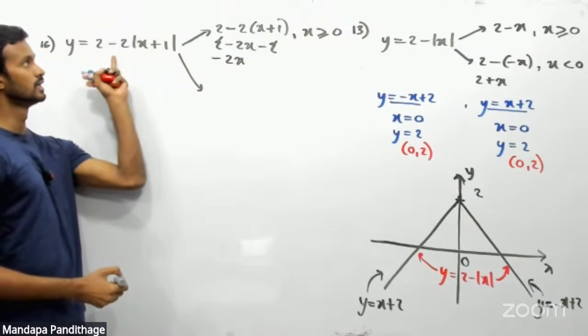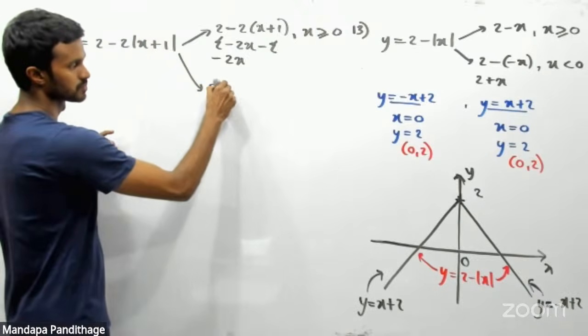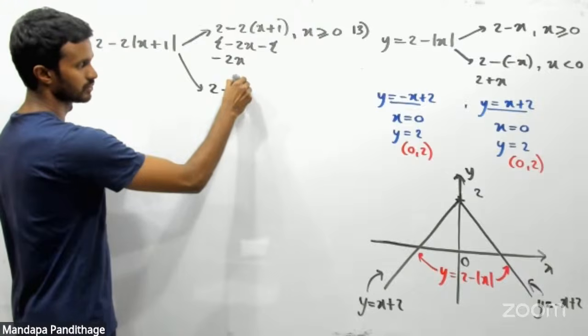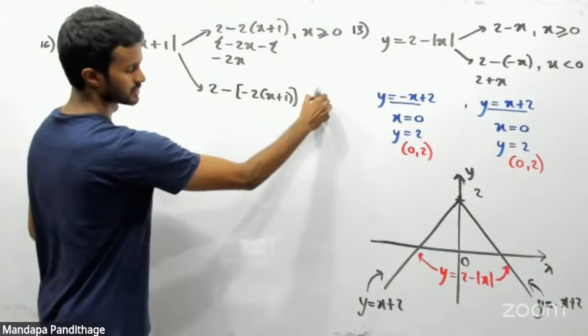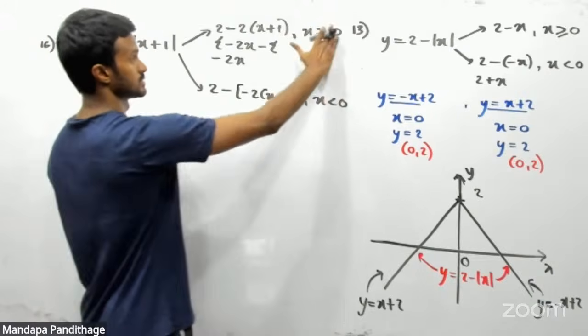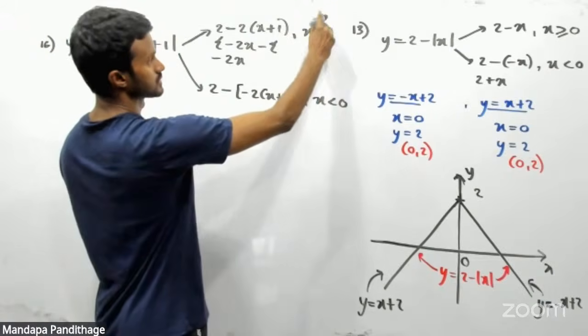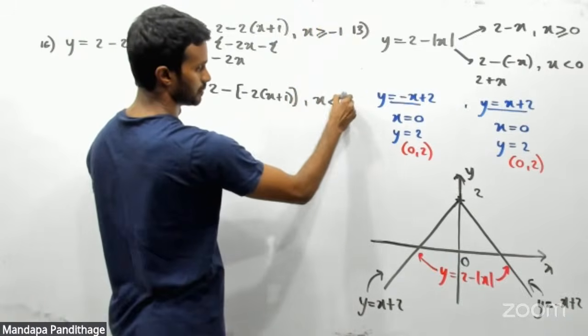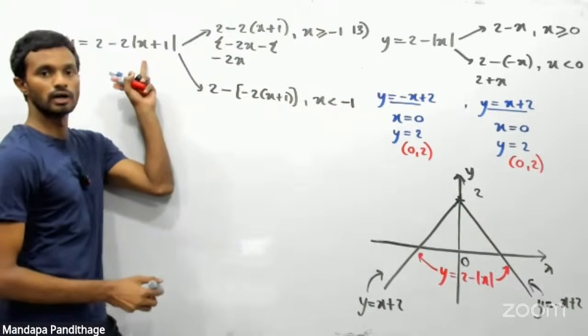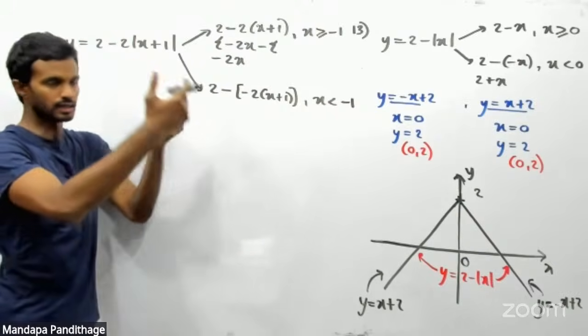And from this end, minus minus is plus. So here, x plus 1 is less than 0, so x should be less than minus 1. When the term inside the modulus is negative, you get the negative of it.